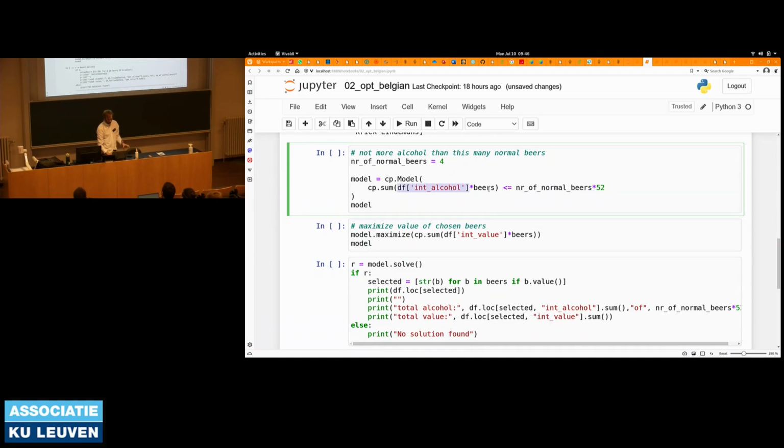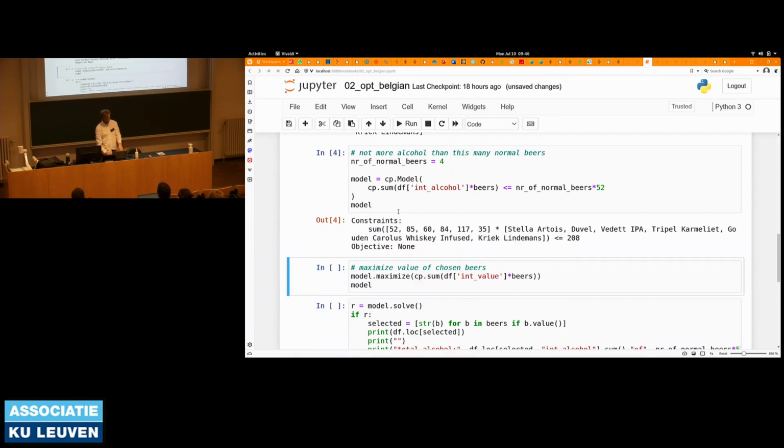It will work nicely. So this will be one expression, and it has to be smaller than our number of beers. If you look at that, it creates a weighted sum with these integer values and the corresponding decision variables, and that weighted sum has to be smaller or equal to 208. Yeah, only after your talk, eh? So for me, tonight.